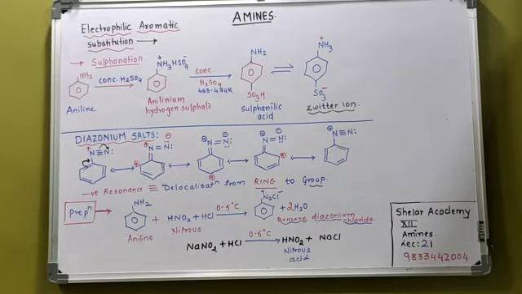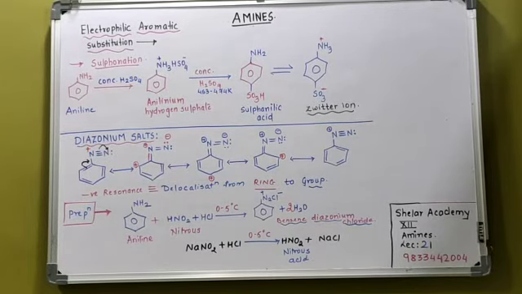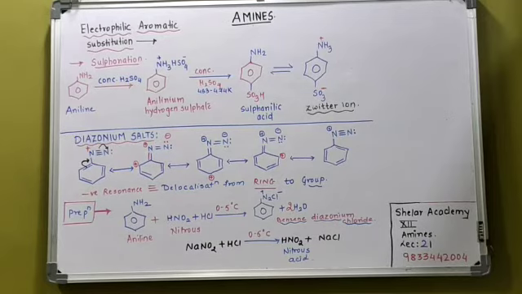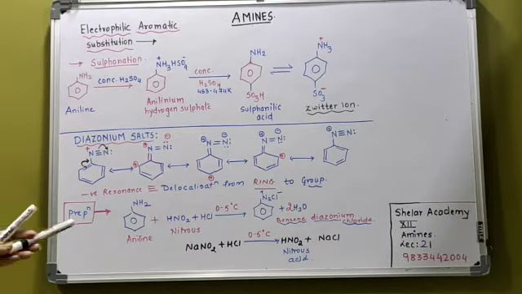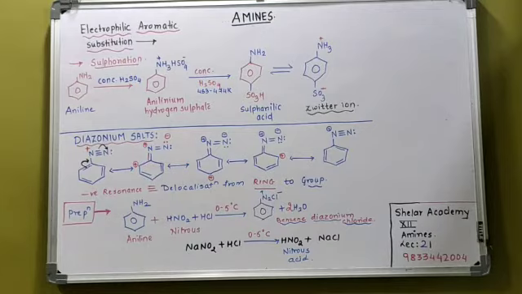Now, after the resonance, we go for the method of preparation of benzene diazonium chloride. Aniline reacts with nitrous acid with HCl. As nitrous acid is highly unstable, it has to be prepared fresh. So how is it prepared?